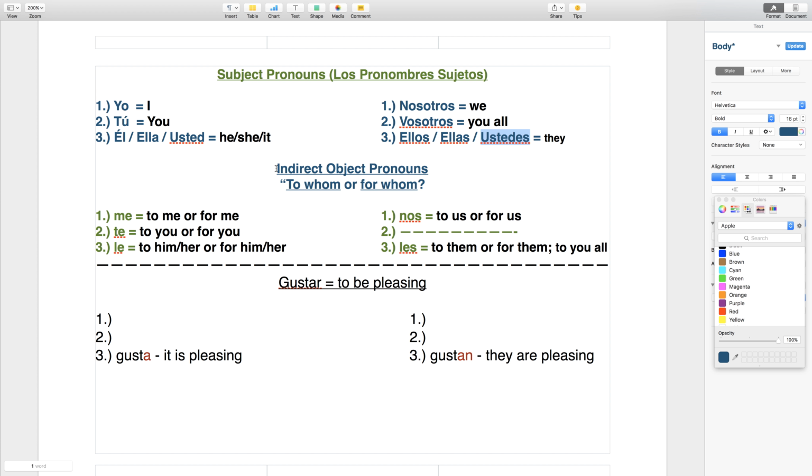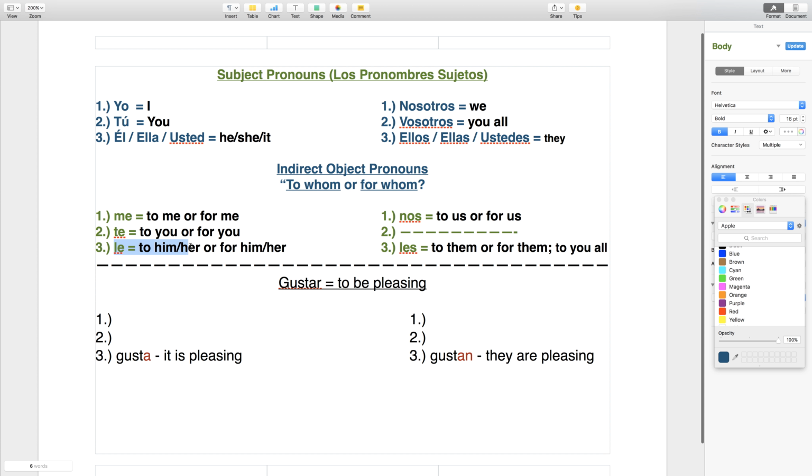All right. Indirect object pronouns would ask the question to whom or for whom. So, for example, we see here the Spanish and the English. Me, and you have to use your Spanish vowels here. Me, te, le. Me is to me or for me. Te is to you or for you.